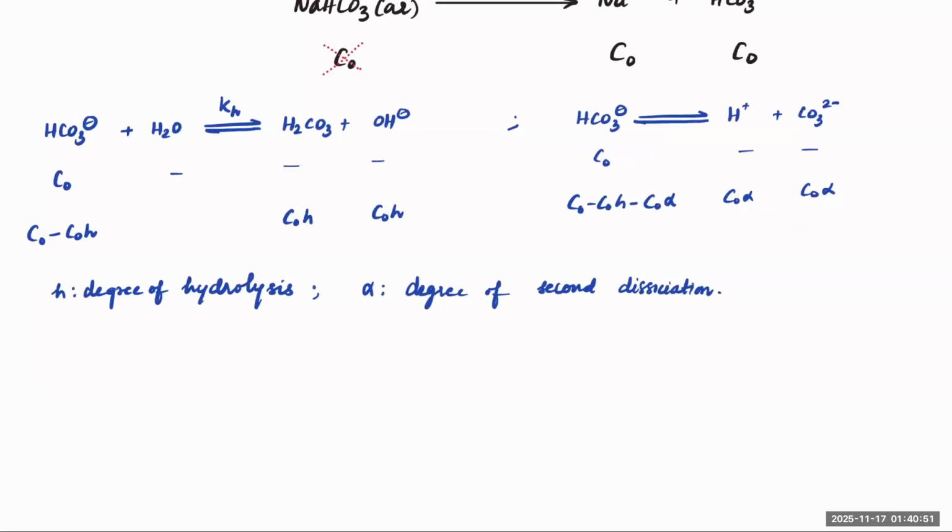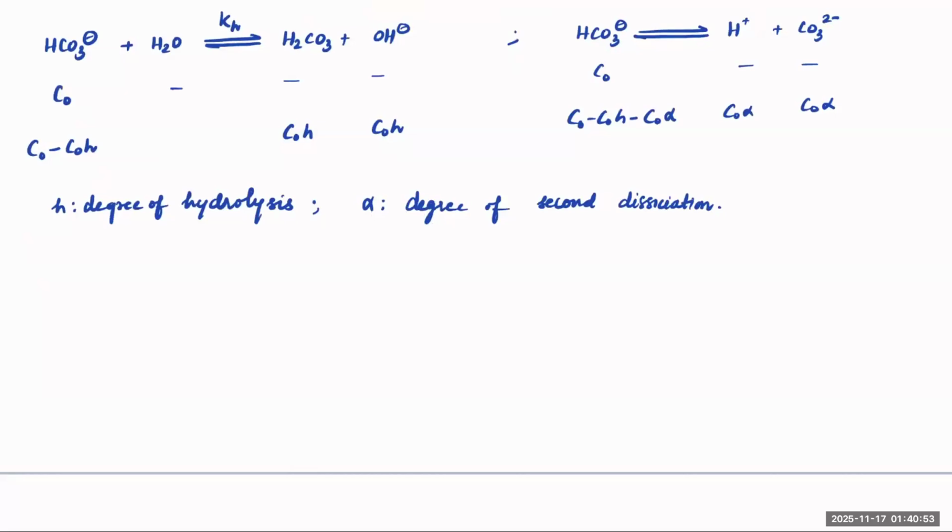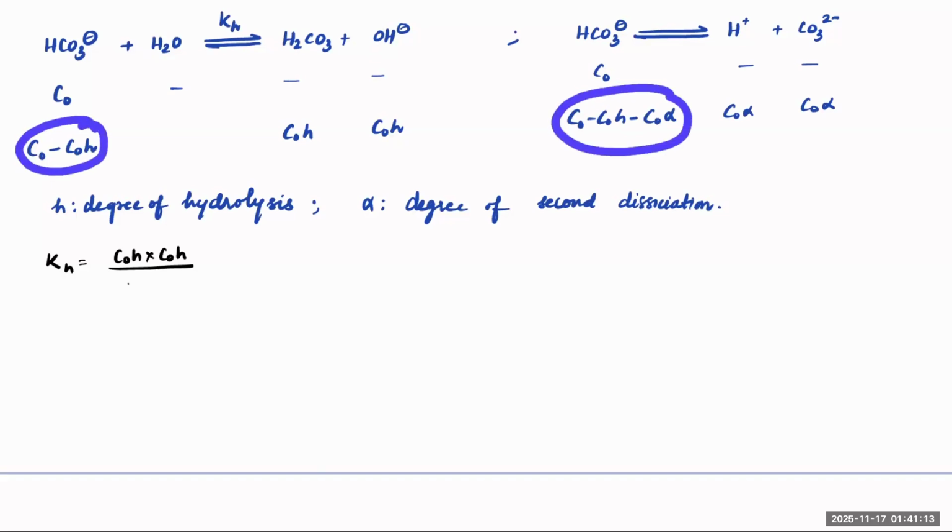That is what we are talking about, the degree of second dissociation. Got it? So from here I can write Kh is equal to C naught h, correct? C naught h into C naught h divided by, sorry, here the HCO3 minus concentration at both places will be the same.